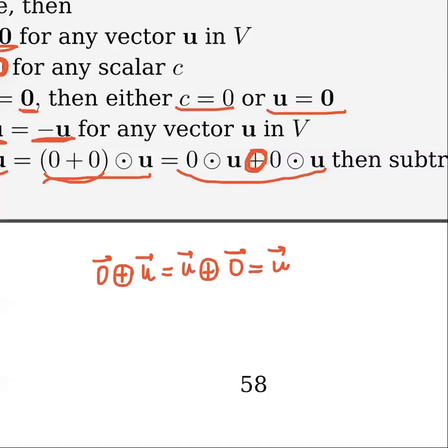So this should hold not just for one u, but for every possible u in that vector space. This is a fixed vector such that its addition with any vector gives the vector itself. I hope this answers your question.